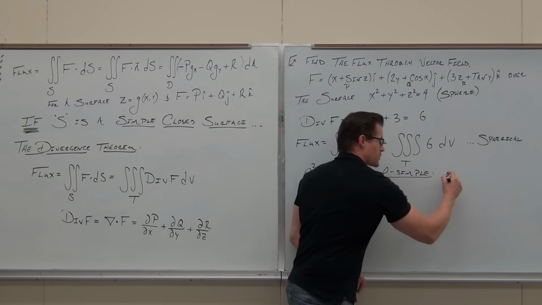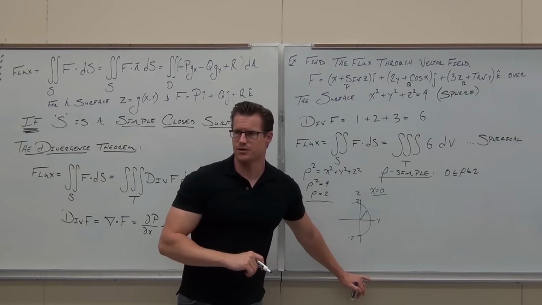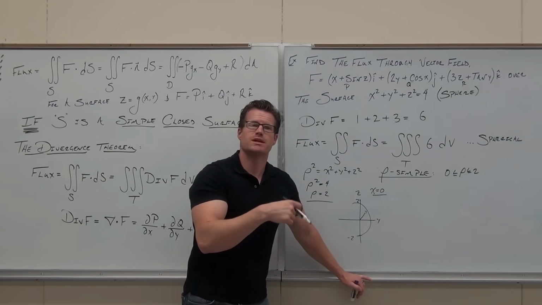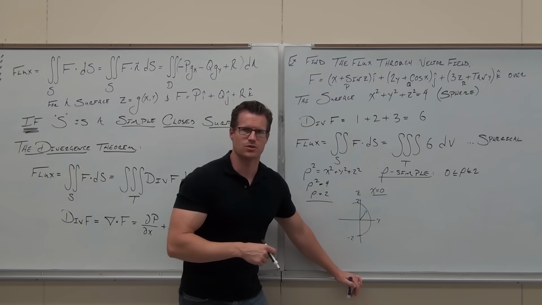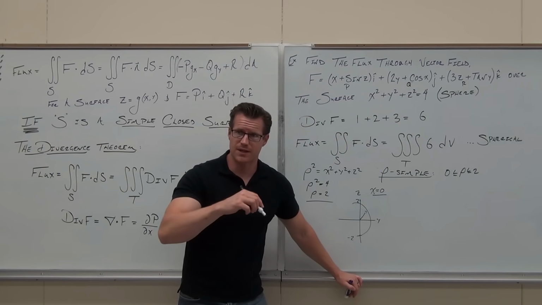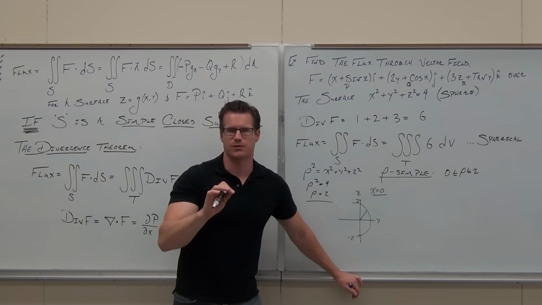So the rho for sure is going from 0 to 2. Hey, now that you're with me on that one. But this also gives us our phi. If you notice, I haven't drawn the left side of this circle. I do that on purpose because our phi can never, ever, ever go past what value? Pi over 2. Pi over 2, that's right.